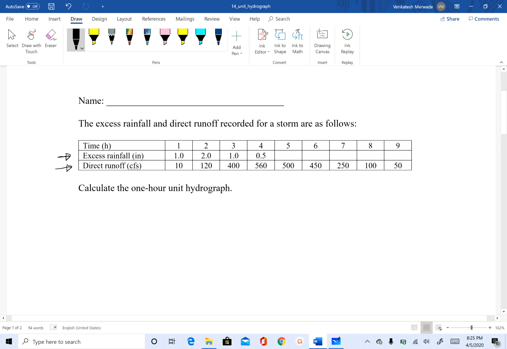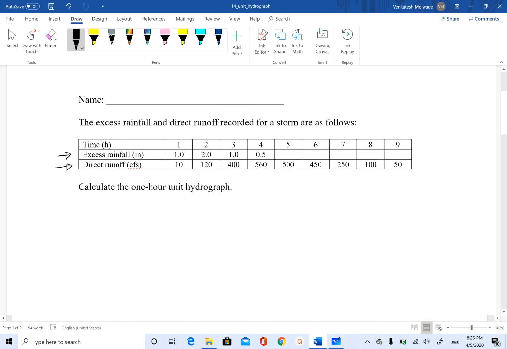So we are going to use the convolution equation, so I will just rewrite that equation here. Qn is equal to the sum over m equal to 1 up to small m of Pm U(n minus m plus 1).